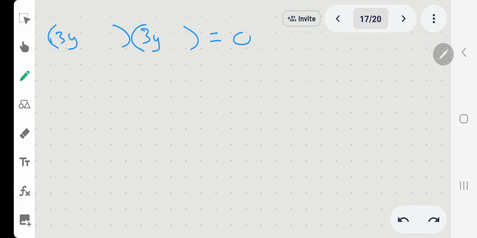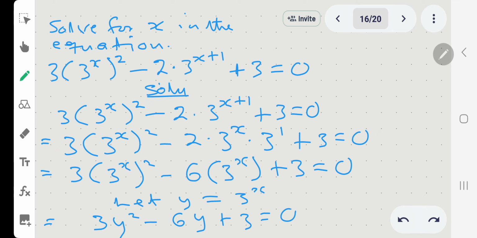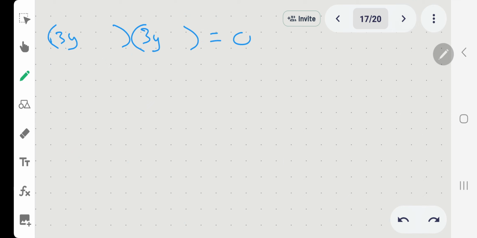Then we come to the two factors, which are minus 3 and minus 3. So here we put minus 3 here, and we also put minus 3 here, and we equate it to 0. So here we can easily find the value of y. This implies that 3y minus 3 is equal to 0.